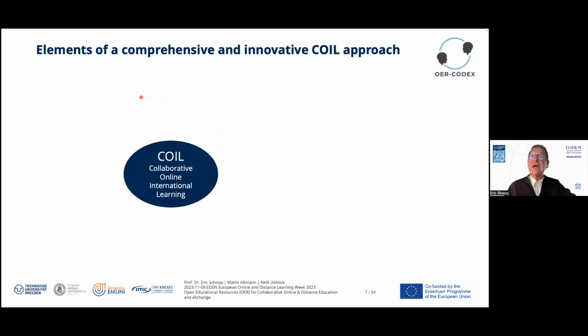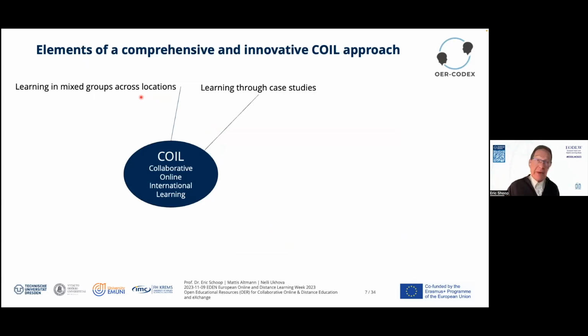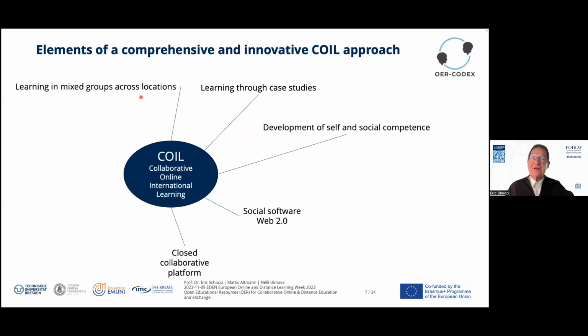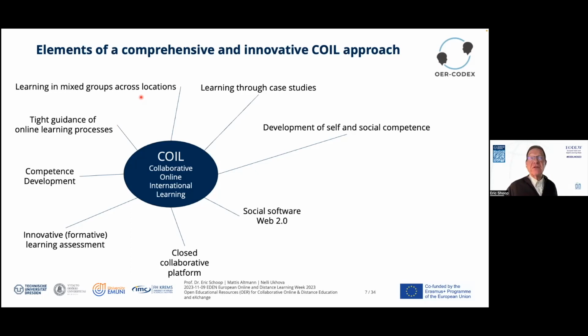So the early approach was to find and group learners in mixed groups across locations, provide learning based on case studies, develop self and social competencies, apply social software functionality, provide closed collaborative platforms, easy to use and easy to analyze, provide innovative, formative learning assessment, develop competencies, 21st century skills, and guide the students, give them tight guidance on how they collaborate, because collaboration skills also have to be learned.